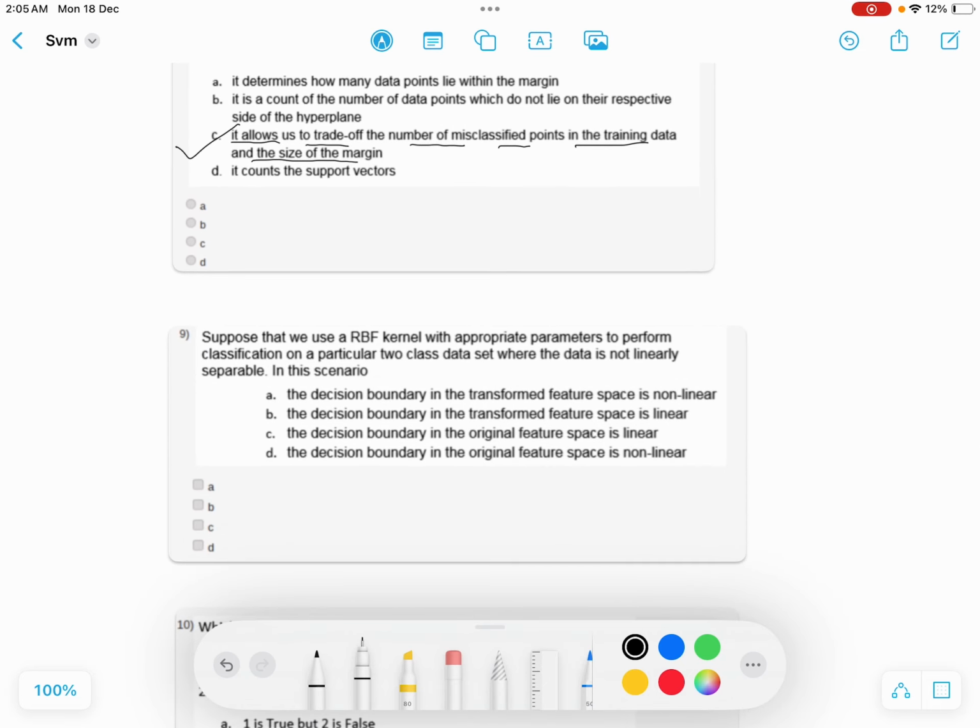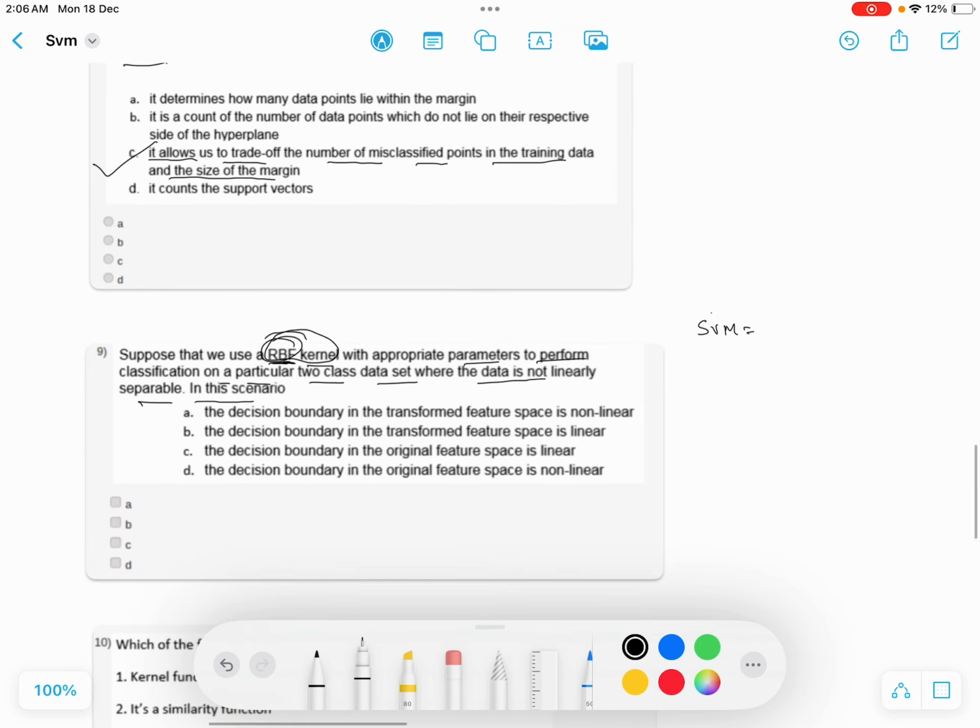Suppose that we have a radial kernel function with appropriate parameter to perform classification on a particular two class dataset where the data is not linearly separable. In this scenario, what is the decision boundary? Total SVM has two parts.